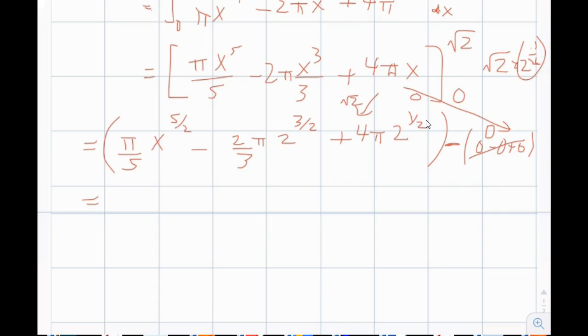Okay? And then if you wanted to simplify this, I'm not sure if there's that much you can do, but I wrote here x to the 5/2 is going to be 2 to the 5/2, right?